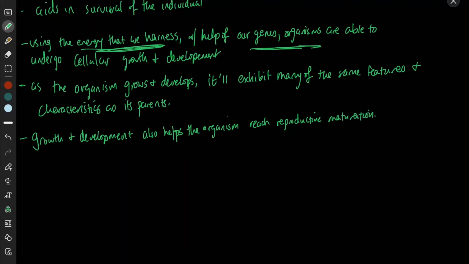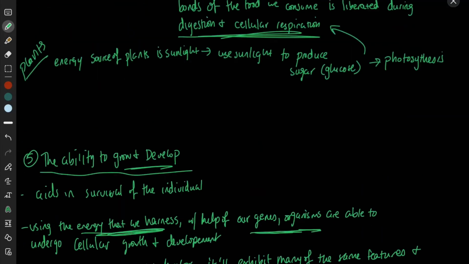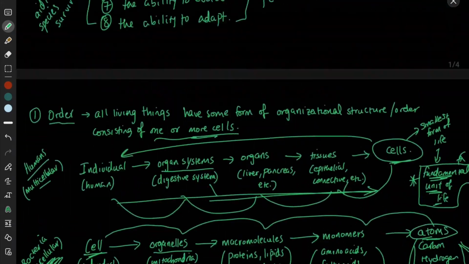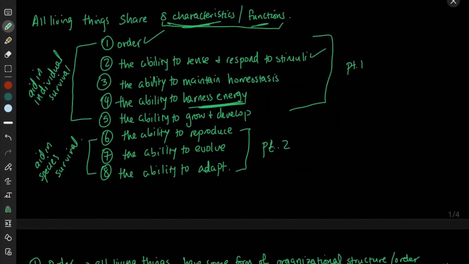By being able to grow and develop, you will ultimately reach the age at which the individual can reproduce and carry on the species and the genes to the next generation. And that we'll get to. These 3 other characteristics which aid in species survival, we'll get to in part 2 of lecture 1.